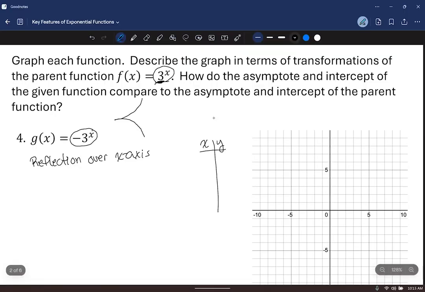All right, so the asymptote is the same. But our y-intercept changed from 1 to -1.